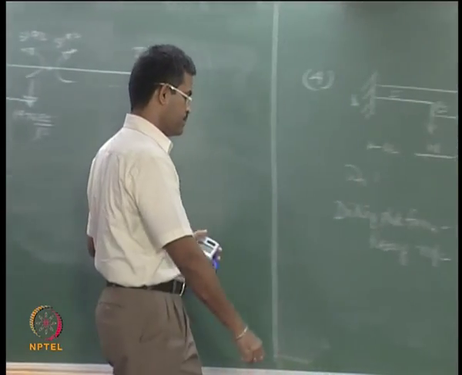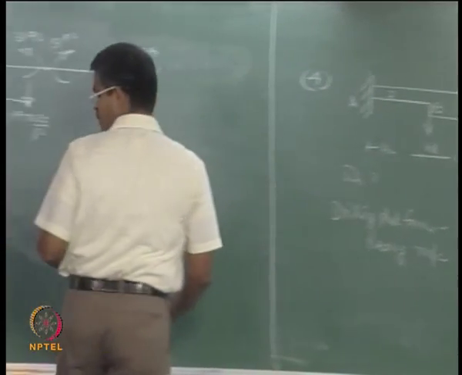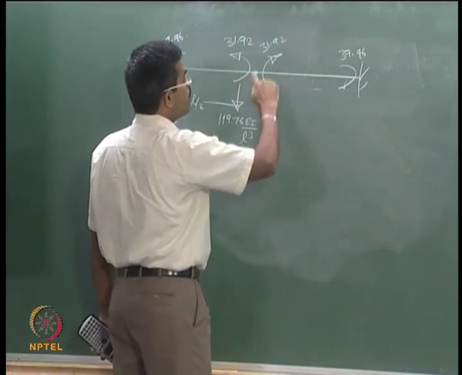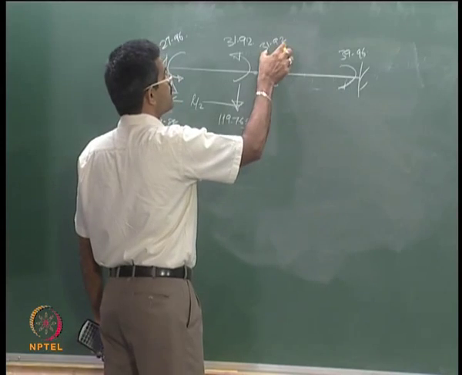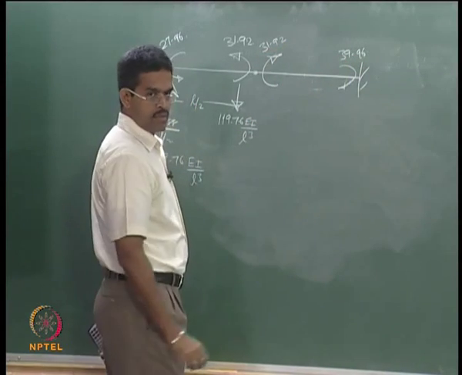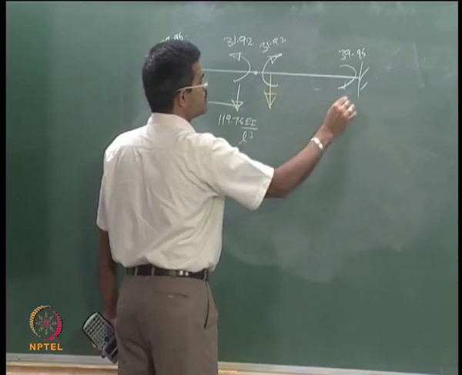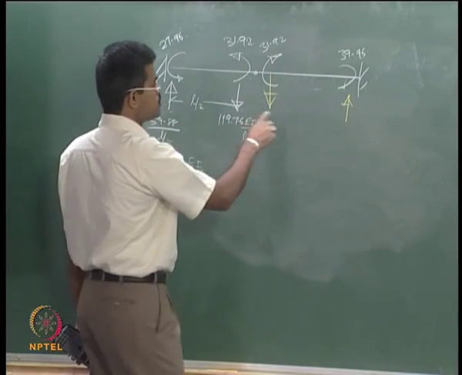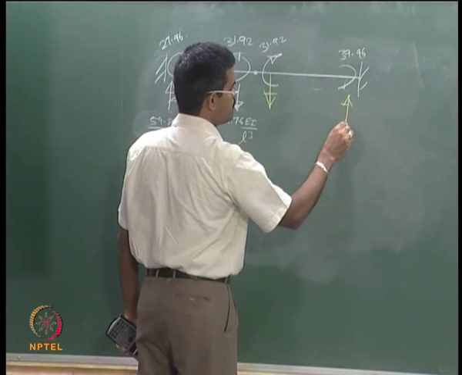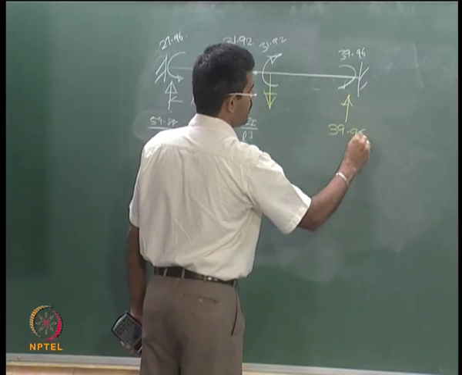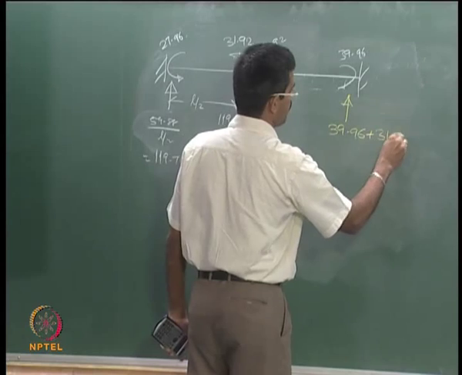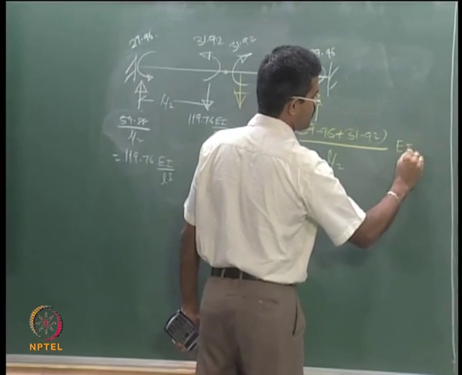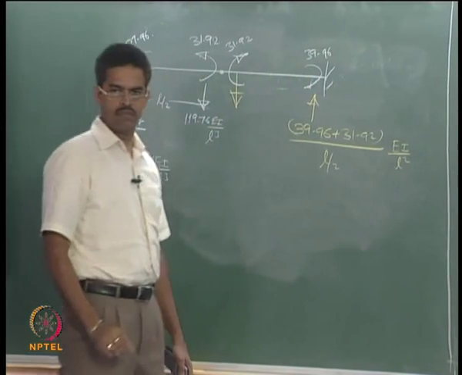Similarly, let us do for the segment BC. I have got a clockwise moment of 31.92 plus 39.96. I want again balance this by an anti-clockwise couple, and if you look at this example, this value will be 39.96 plus 31.92 divided by L by 2 of EI by L square.